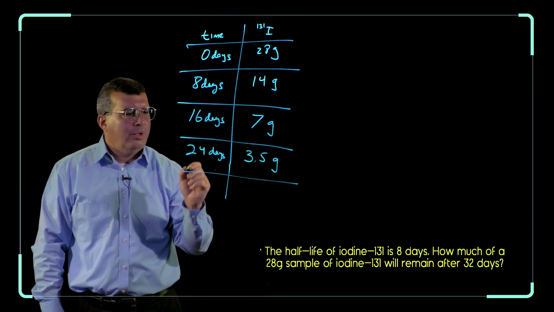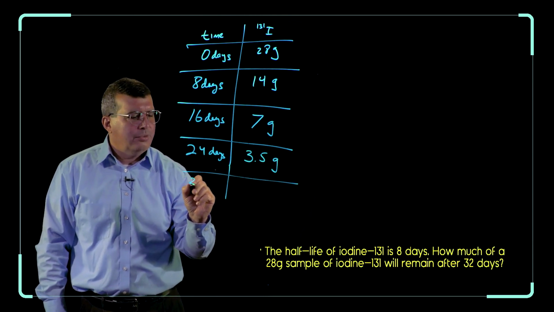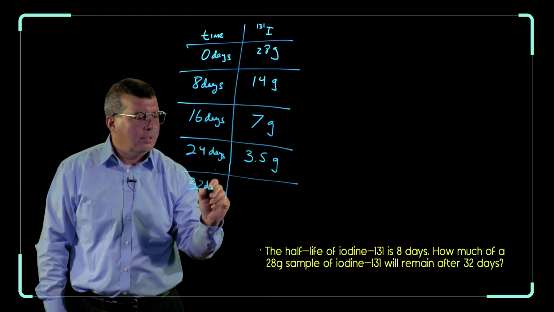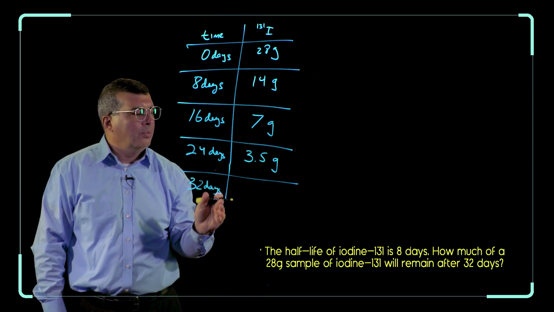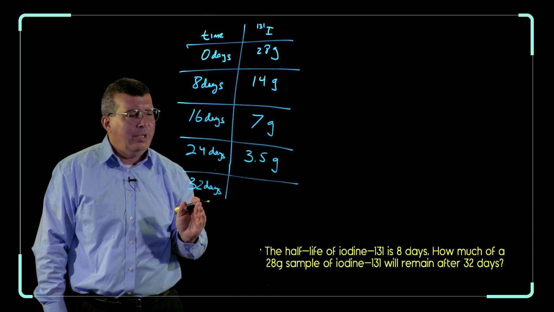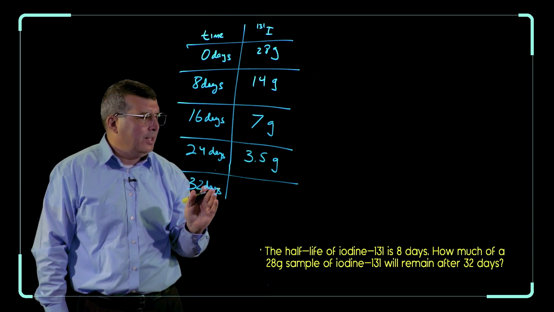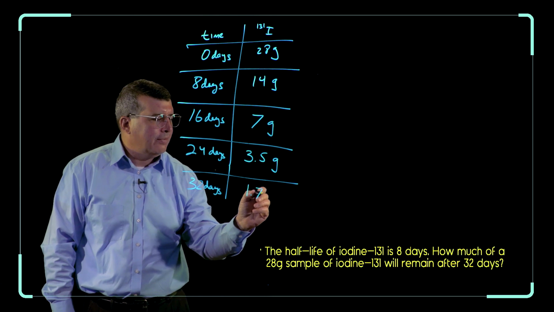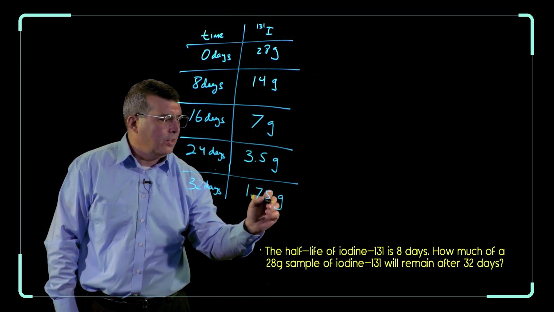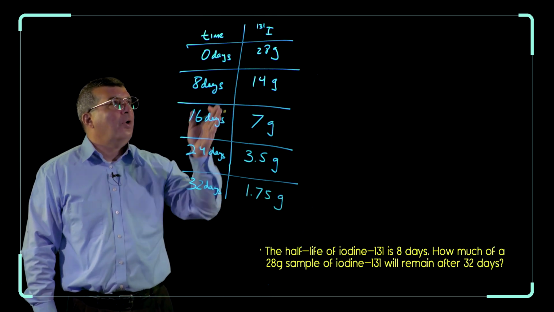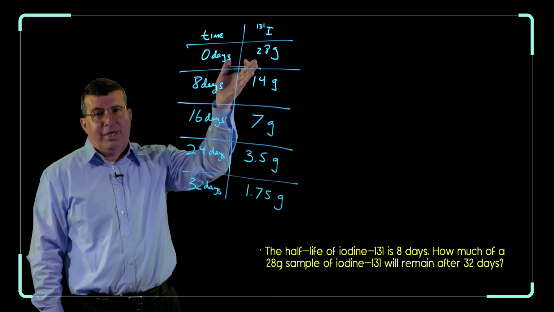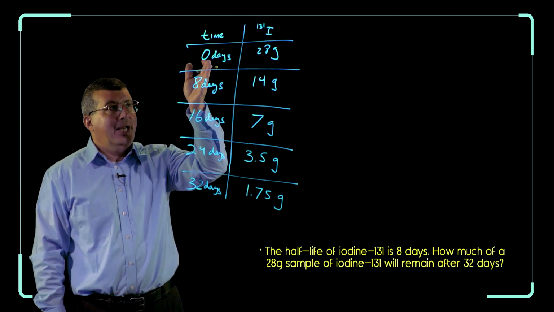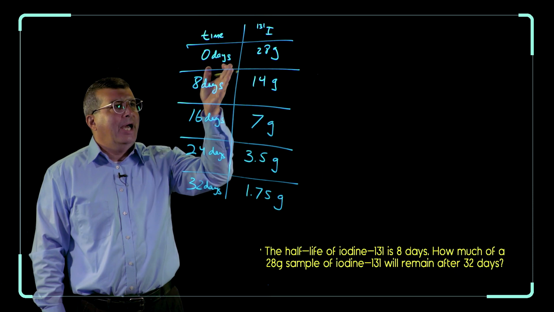And one more, go from 24 to 32 days. We will lose half of our 3.5, and that would be 1.75 grams.